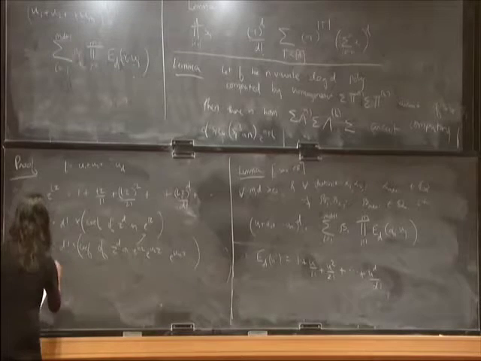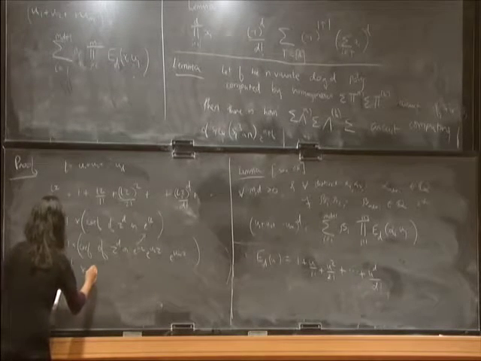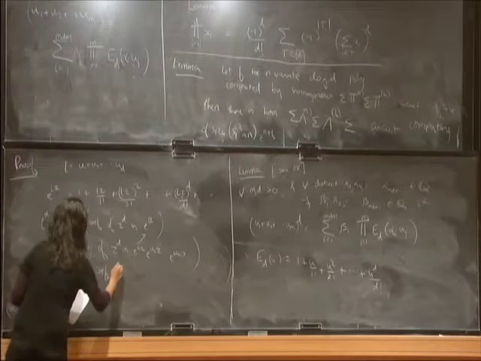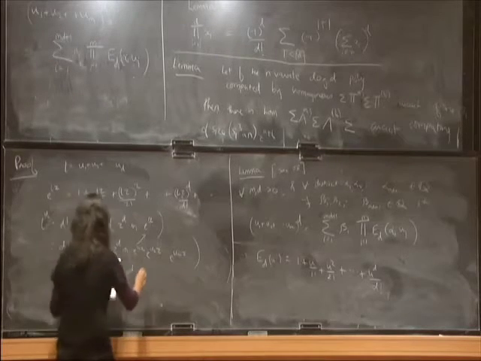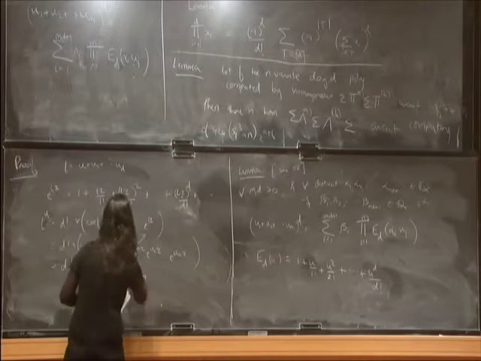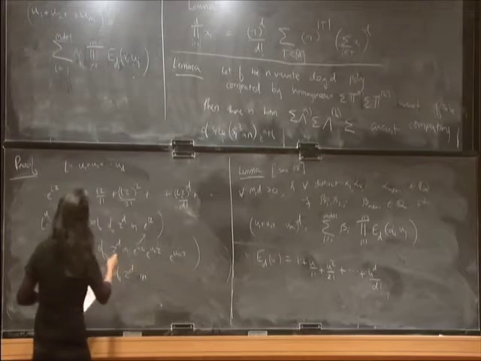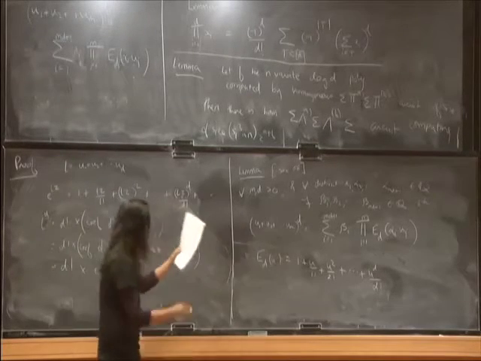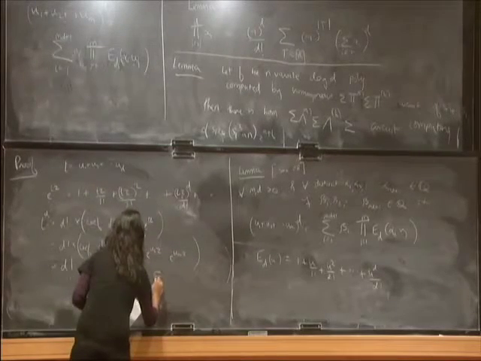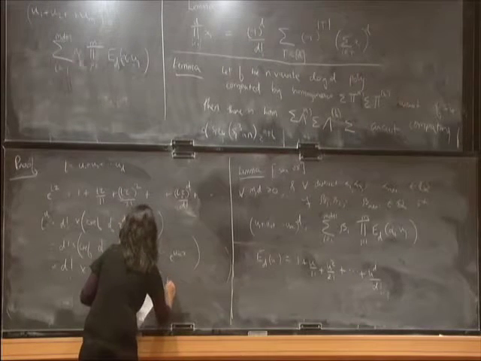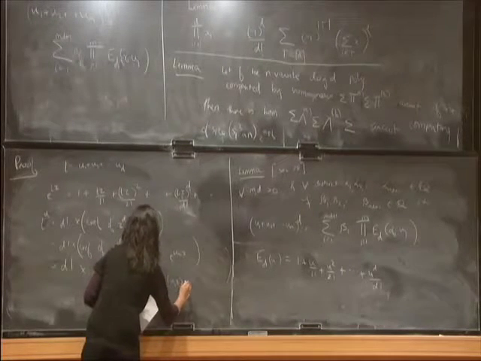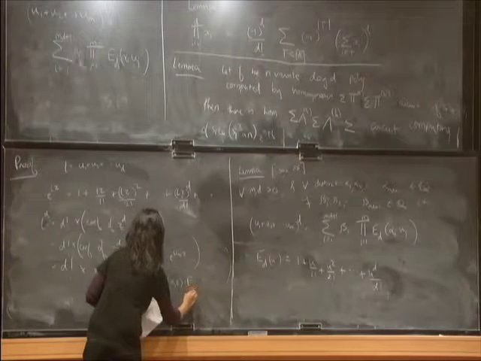So this equals d factorial times the coefficient of Z to the D in, and now cutting off the power series expansion is just like looking at this polynomial. So it's E sub D of U1Z times E sub D of U2Z, and so on.